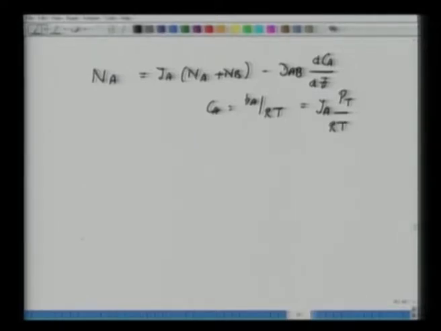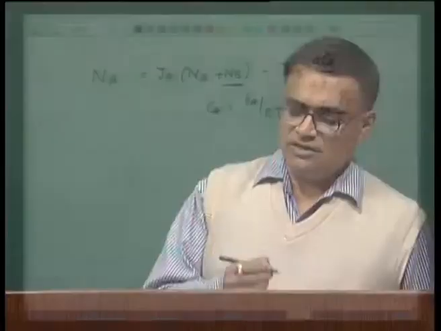Now the question is that we are trying to solve for NA, and we have one more unknown, which is NB. In the previous example, if you recall, we had stagnant B, so we could substitute NB equal to 0. Here we have NA diffusing in one direction and NB diffusing in the opposite direction. So both are unknowns, both we are supposed to calculate.